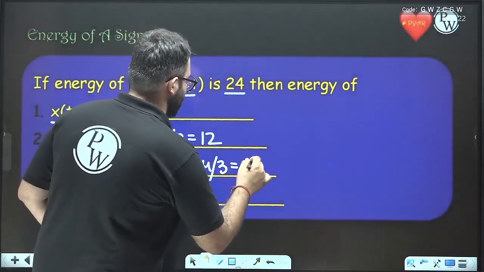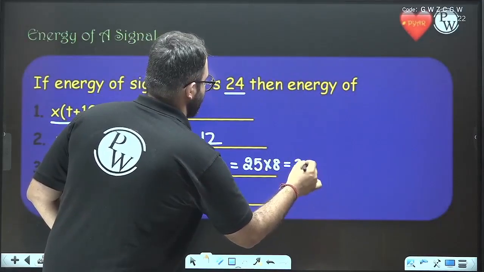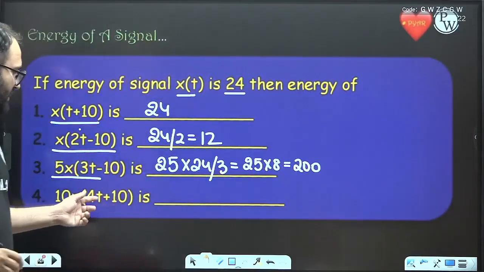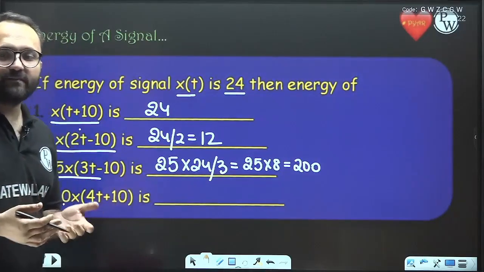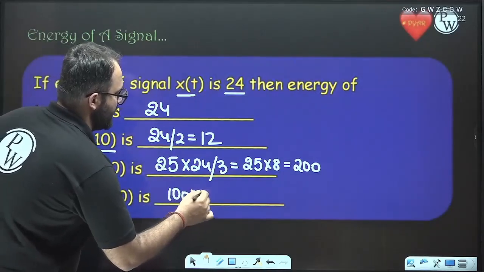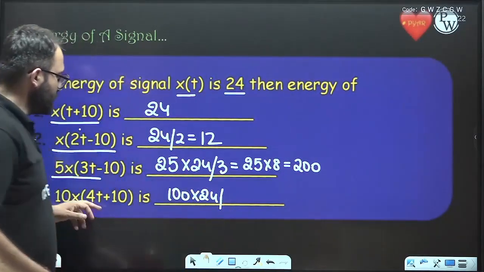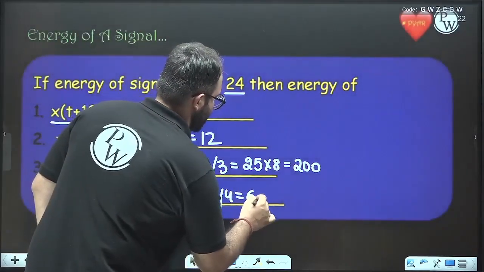So this will be 25 into 8, that is 200. In the last term, the signal is multiplied by 10, so the energy will get multiplied by 10 square, 100, multiplied by 24, but due to compression it will get divided by 4. So this will be 600.